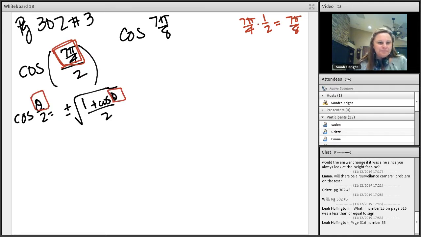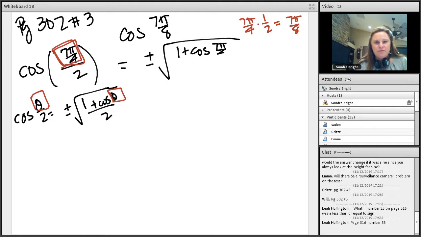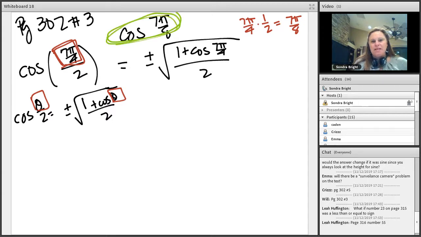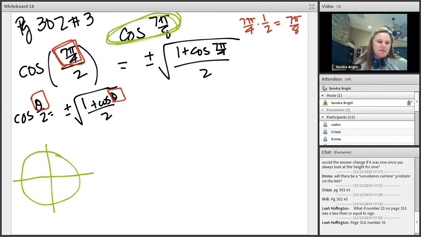So this is equal to plus or minus the square root of 1 plus cosine of 7 pi over 4 all over 2. Let's figure out, is it plus or minus? You're looking for cosine of 7 pi over 8, so that's what you base the plus or minus on. Where is that? I know this is pi, and 0 and pi over 2.